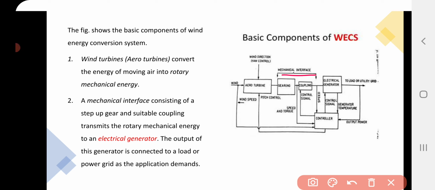The mechanical interface consisting of a step-up gear, and suitable coupling, transmits the rotary mechanical energy to an electrical generator.